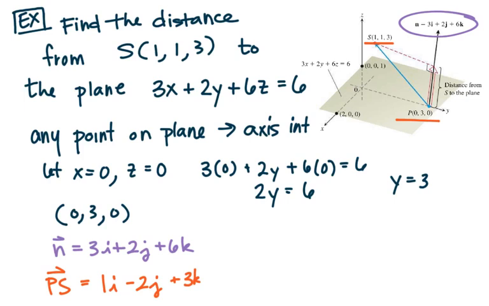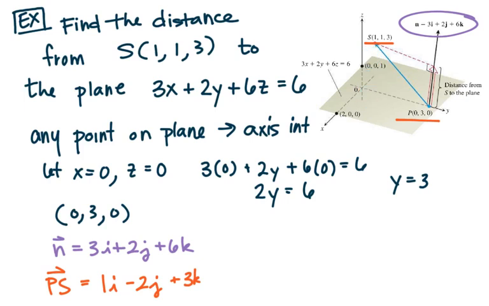Now, considering the formula that we stated at the start, the distance from the point to the plane is the dot product of that vector PS with the unit vector for this normal vector. That's going to give us this projection, which tells us the distance.